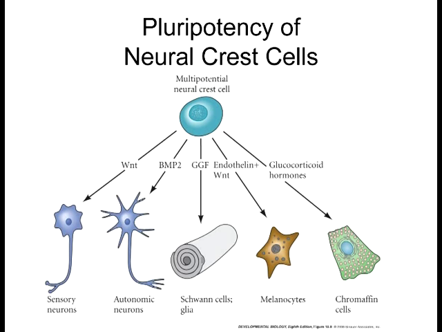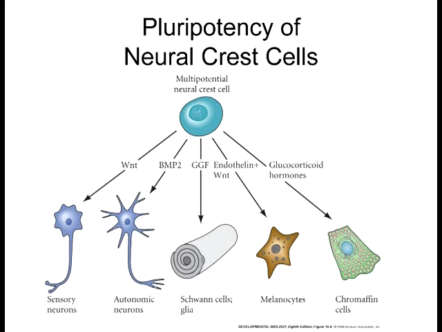And some of the sensory neurons themselves that form the ganglia also come from the neural crest cells. Some become melanocytes, which are the skin pigmentation cells that generate melanin, and that's what causes your skin to darken as you are exposed to UV radiation. That comes from neural crest cells as well.